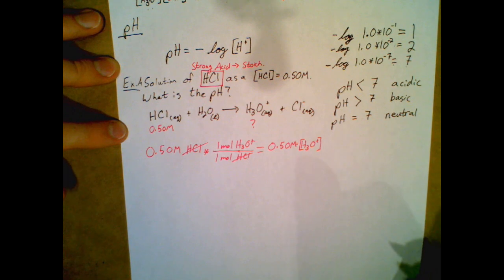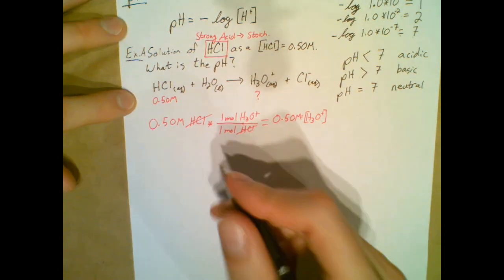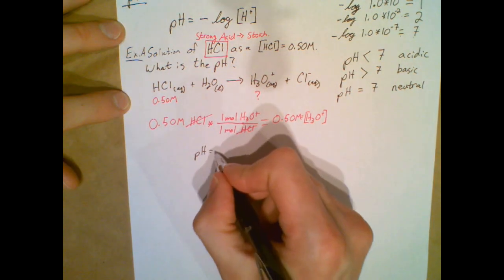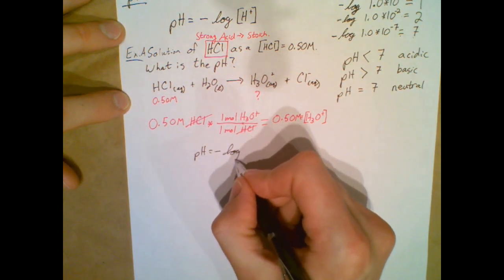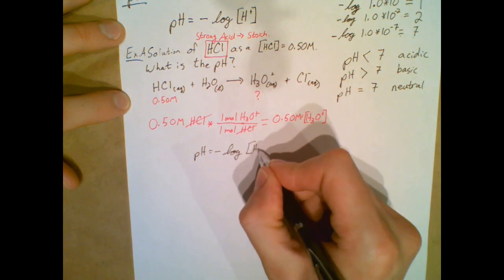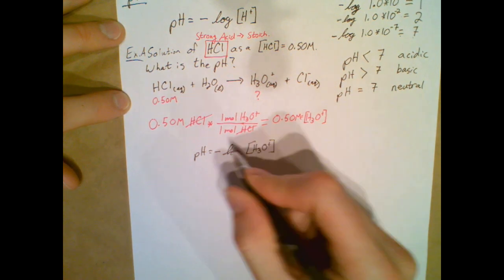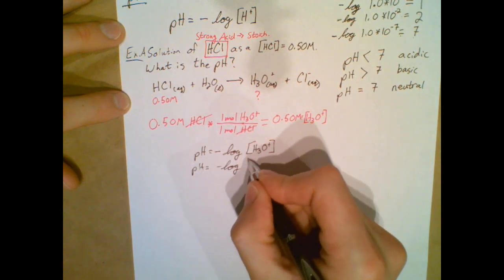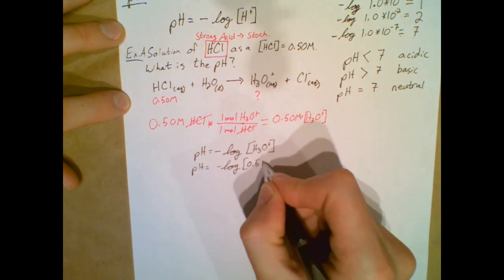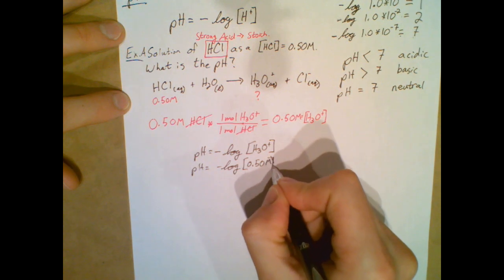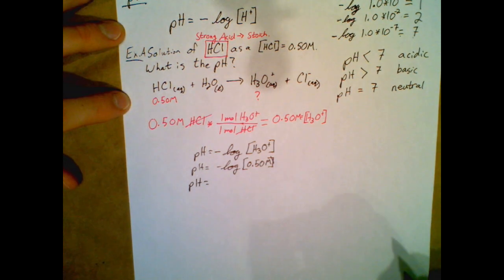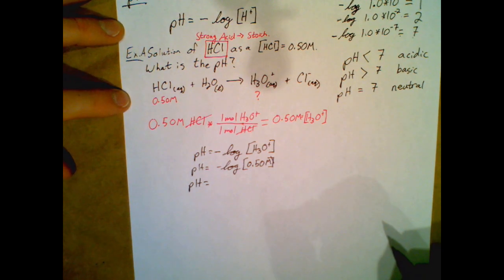So now that we know our concentration of H3O+, let's figure out the pH. The pH is the negative log of the concentration of H3O+. So the pH is the negative log of 0.50 molarity. Punch that into your calculator, because who can do logs in their head?